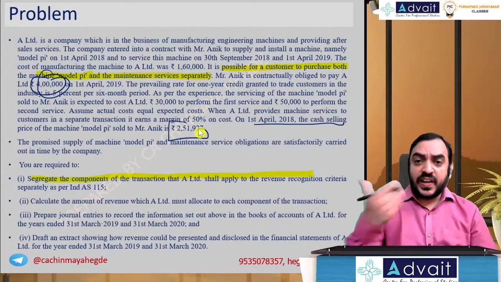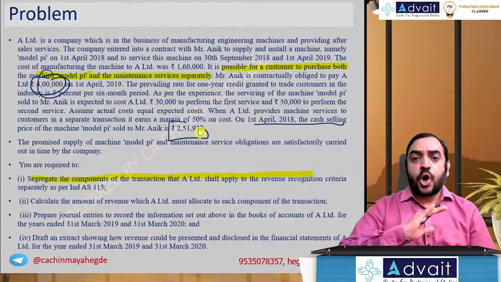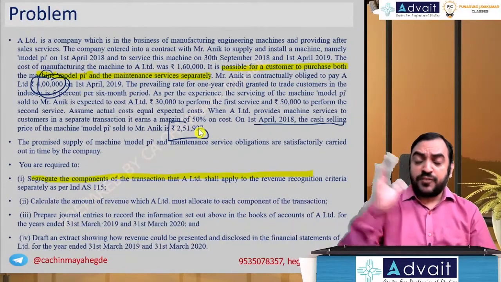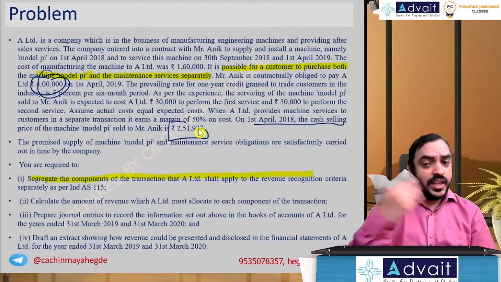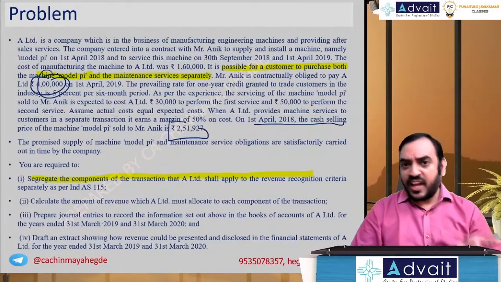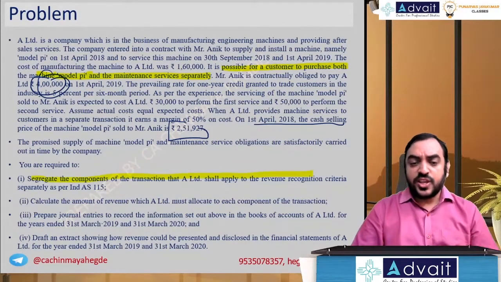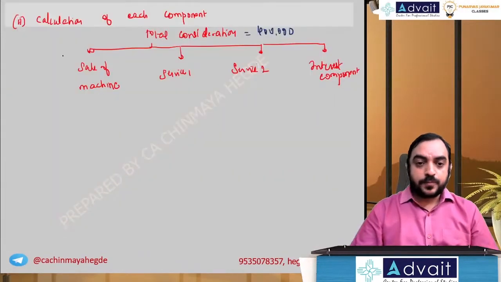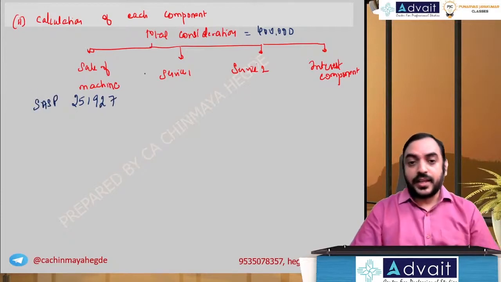If cash is collected immediately, if you have not given him any time, it would have been sold at that price. That is the standalone selling price of the machine, 2,51,927, if you sell this separately.